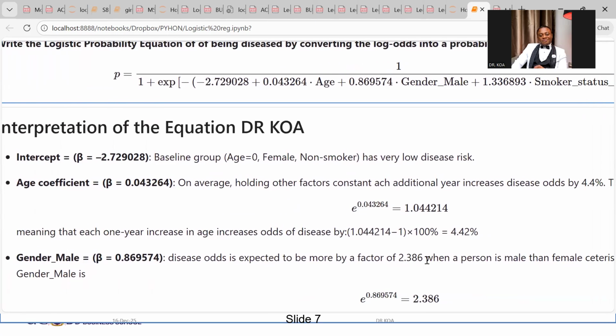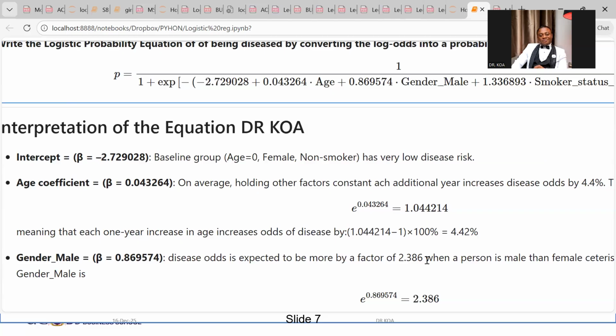In other words, the disease odds are predicted to be higher by 138.6% if the patient is a male than if the patient is a female.